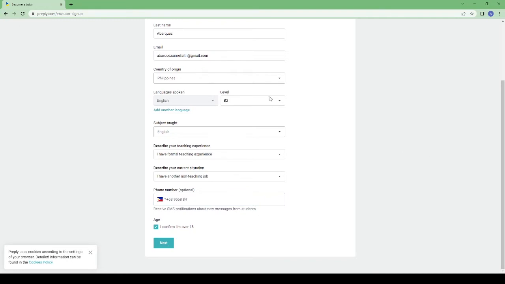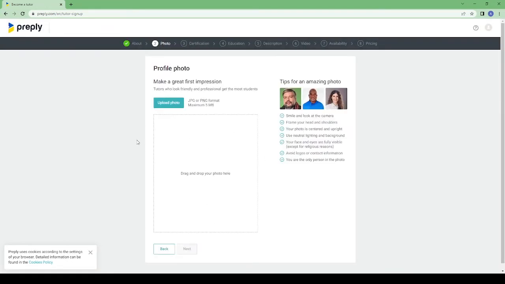Next page will be the photo. All you have to do is to upload the photo here. And for example, I have here a photo. Pictures. Okay, for example, I have a photo from downloads.